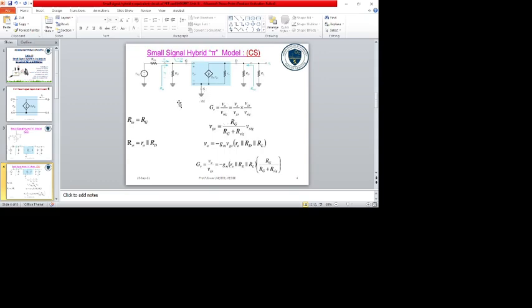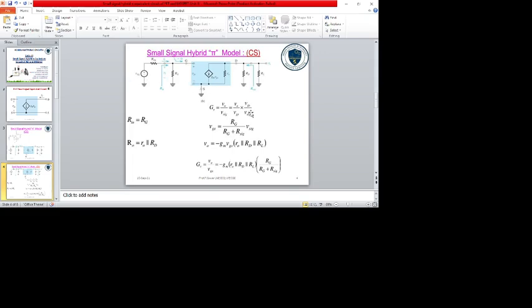By considering the input side, we can get one gain factor, that is V0 by VGS. Similarly, by considering the output side, we can find one more expression, that is VGS by V signal. This is input side, this is output side. With respect to this input side, VGS is the output voltage, V signal is the input voltage.